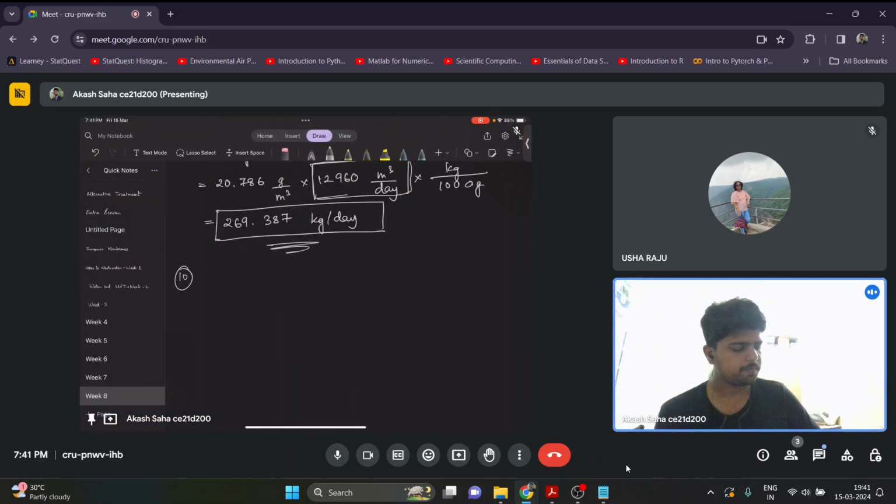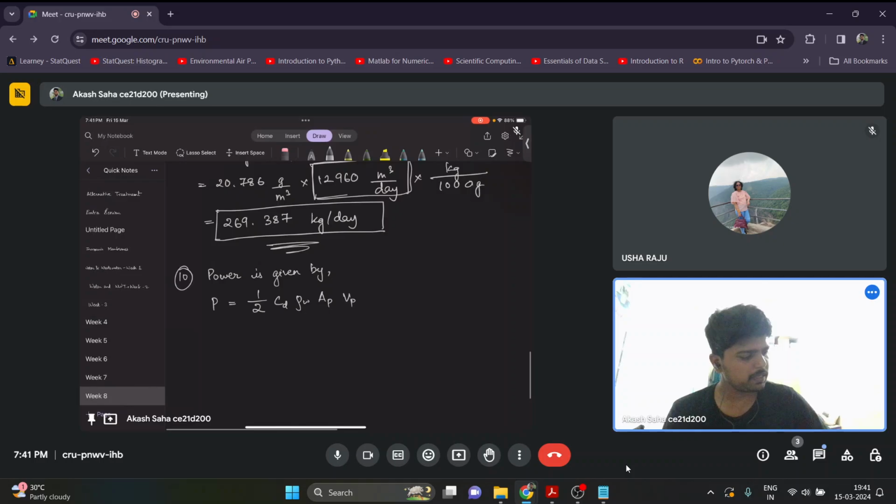So problem number 10. My power is given by P is equal to half C_D rho_W A_P V_P cube, where rho is the density of water, A_P is the area of paddle, and V_P is the velocity of paddle. So we have to find out all the parameters.